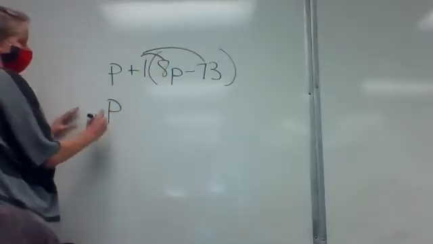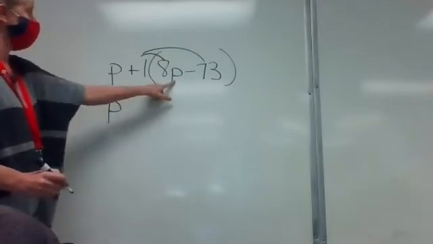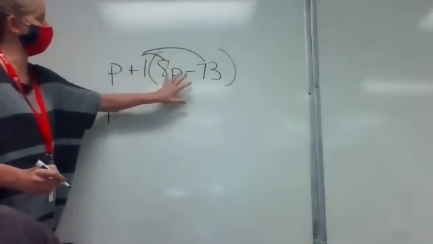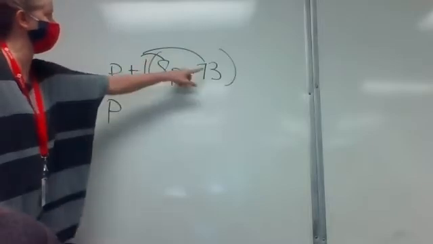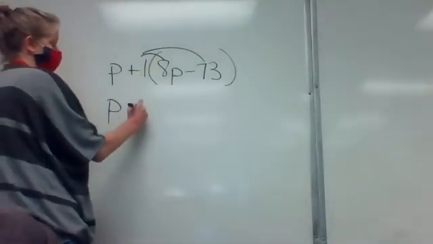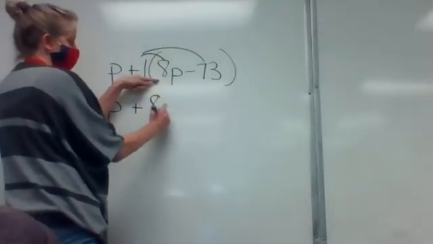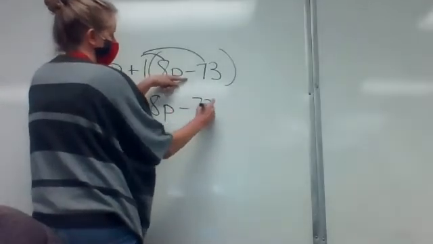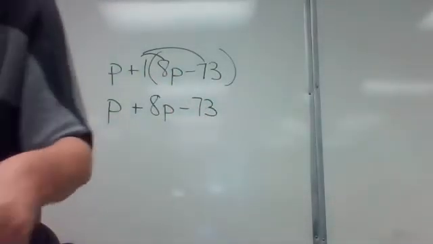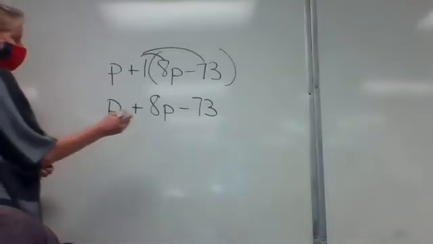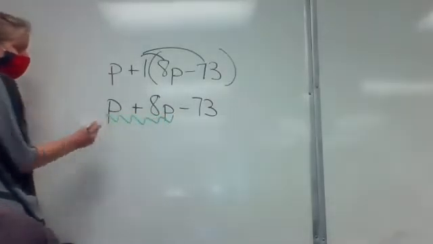This P just comes down. Now, when you remove these parentheses, actually nothing in here changes, right? Because if you multiply it times positive 1, it just stays what it is. So you're just going to have plus 8P minus 73. So now the parentheses are gone. You can combine the like terms, which are these P's, right?